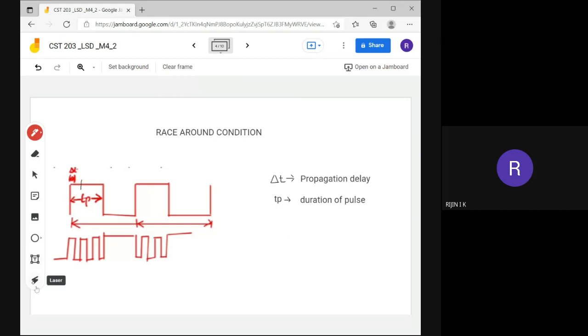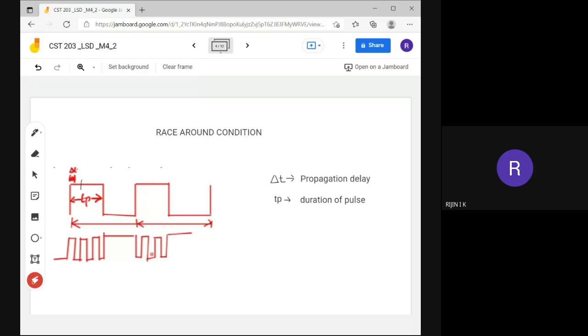Then when the logic is 0, it stays in the previous state. Then again if the clock logic is 1, it again toggles.